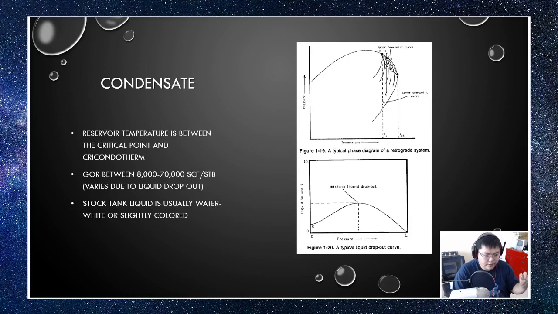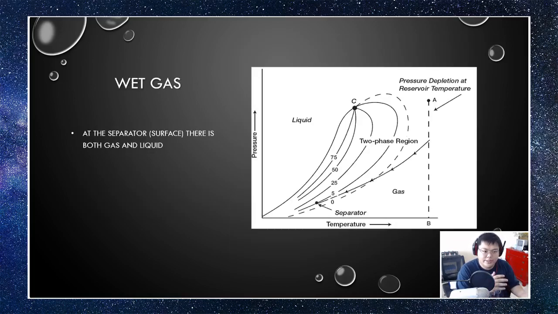Well, in condensate, you form a new kind of liquid where you cross the dew point, you start dropping liquid, but then as you drop pressure, you also sort of release condensate. It's not like wet gas, where you had just liquid and gas.